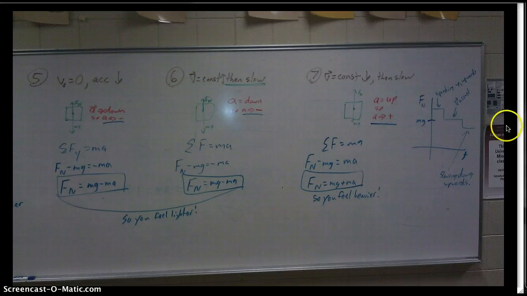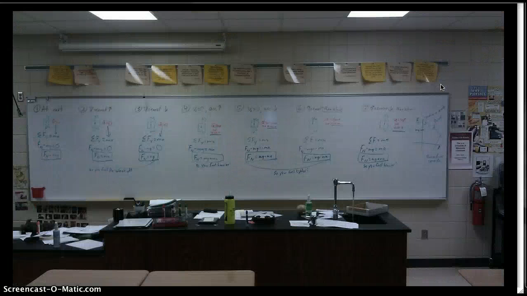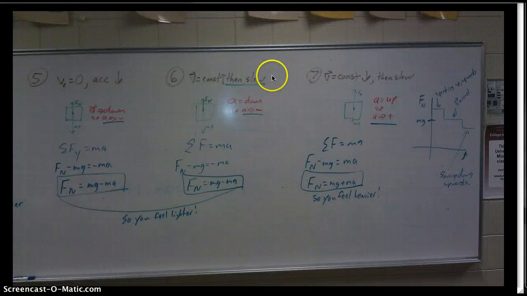And so what I've done over here at the edge is I've graphed the normal force as a function of time. It's actually for situation 4 here, where we started out at rest and we're going to accelerate upwards, but then after accelerating upwards, we're going to then slow down.